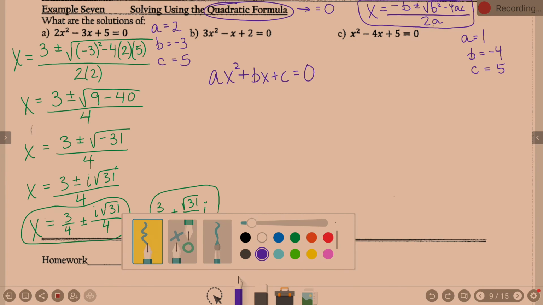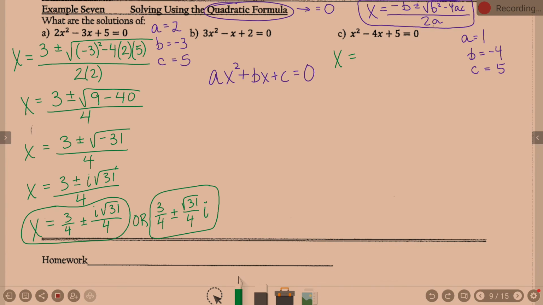Okay, quadratic formula, here we go. x equals negative b. What's negative b going to be? Positive 4 plus or minus the square root of b squared minus 4 times a times c, all over 2a.